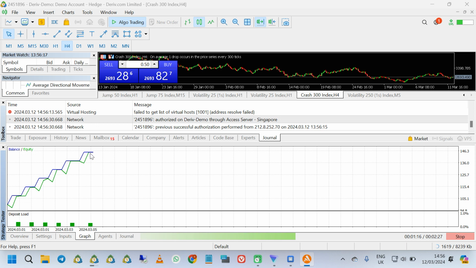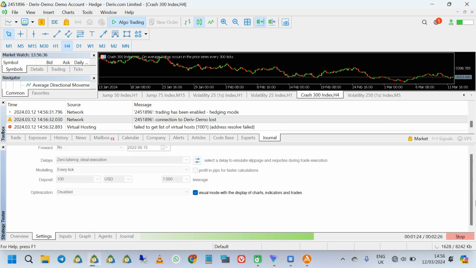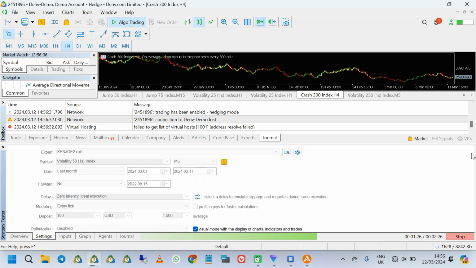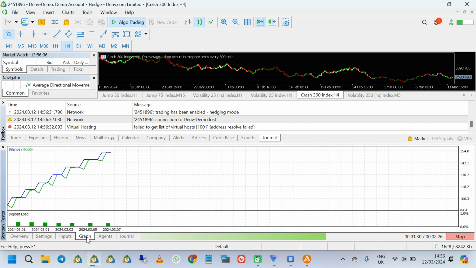Now we are running it currently on volatility 51s. So let's see, because this is settings. If we go up, we're running it on 51s. This is the graph progressively, and we're looking at just from the beginning of this month, this month of March 2024.